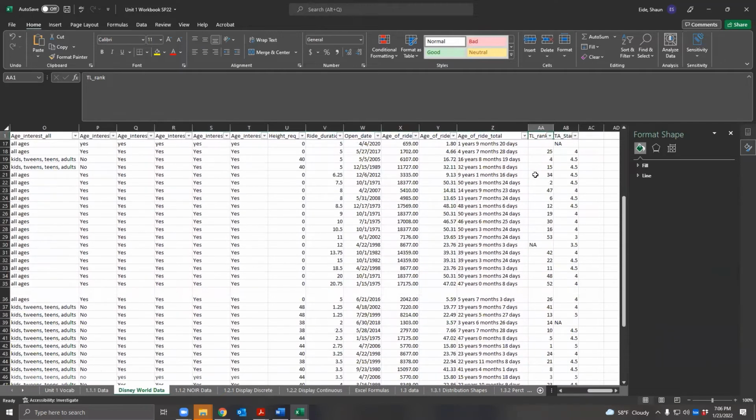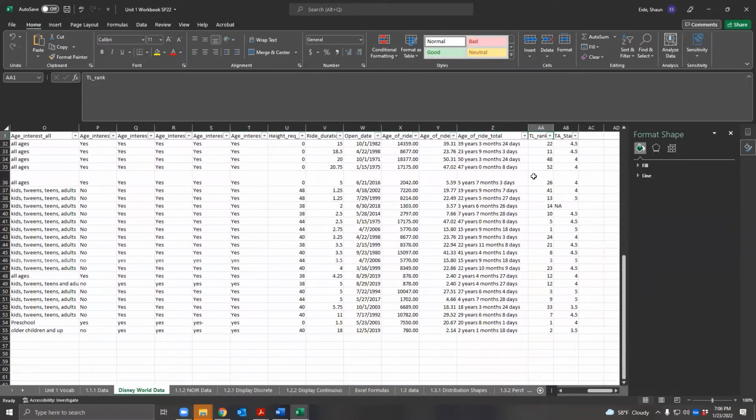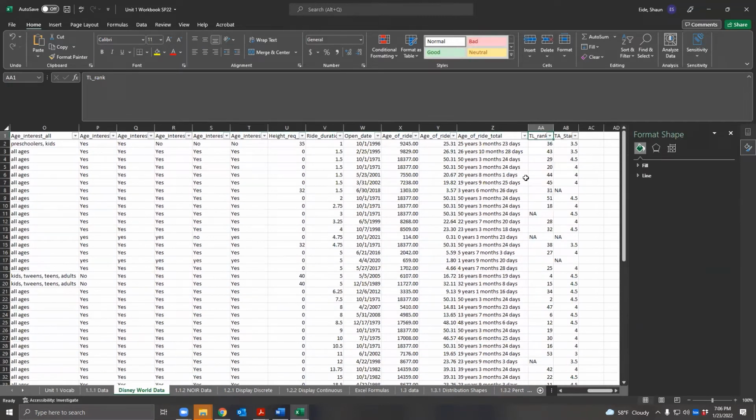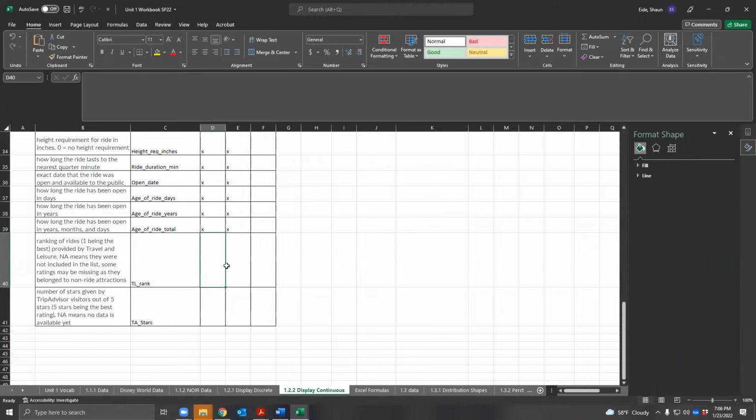I guess it could be both, but it wouldn't help you at all because it's just ranks. Then stars given by TripAdvisor could also be the same, although technically both of these are actually qualitative. It's just they treat them like quantitative.